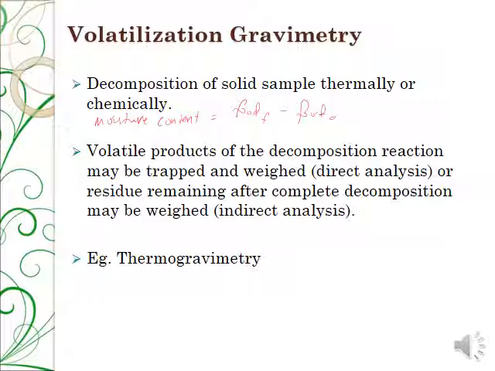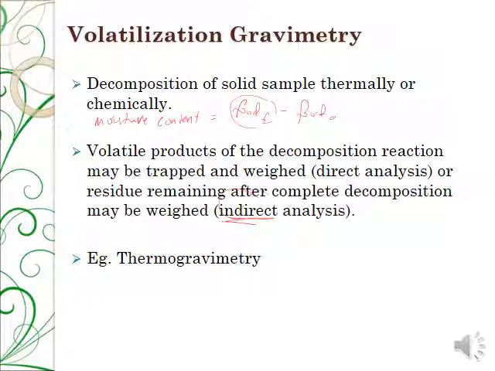That will indicate the moisture content of the food after it achieves constant weight after drying. So that process to measure the moisture content is indirect, because indirectly you measure the food mass before and after drying, not the moisture itself. So that is considered indirect analysis.